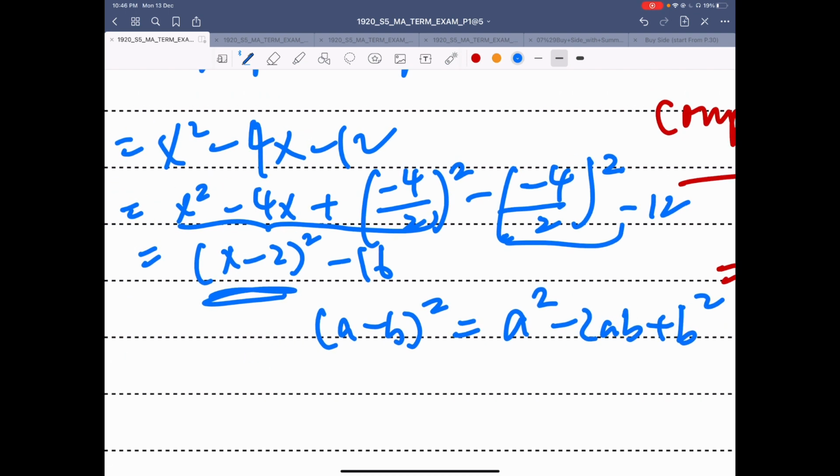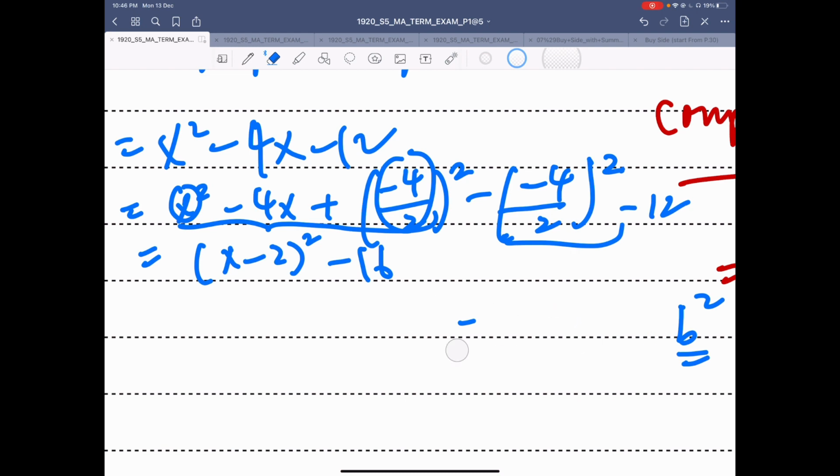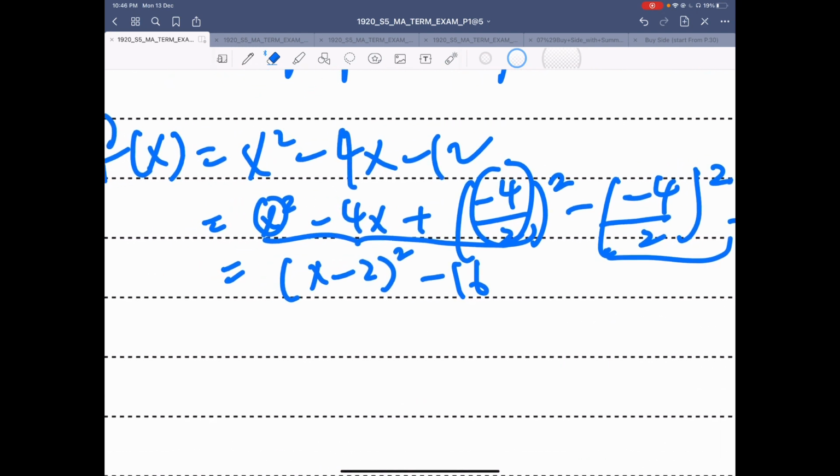Here x will be regarded as a, and -4 over 2, which is -2, will be regarded as b. So you can use this identity to formulate that it is (x minus 2) squared. So you have completed the whole completing the square process.